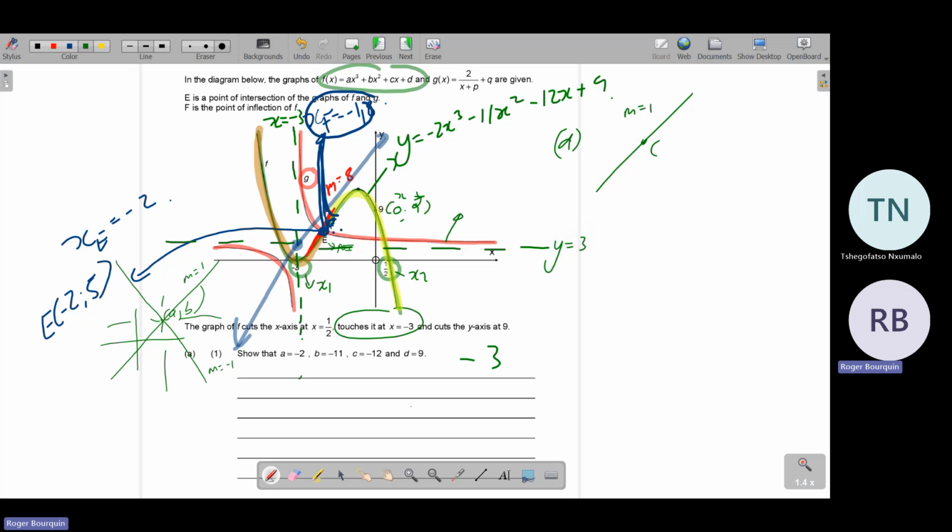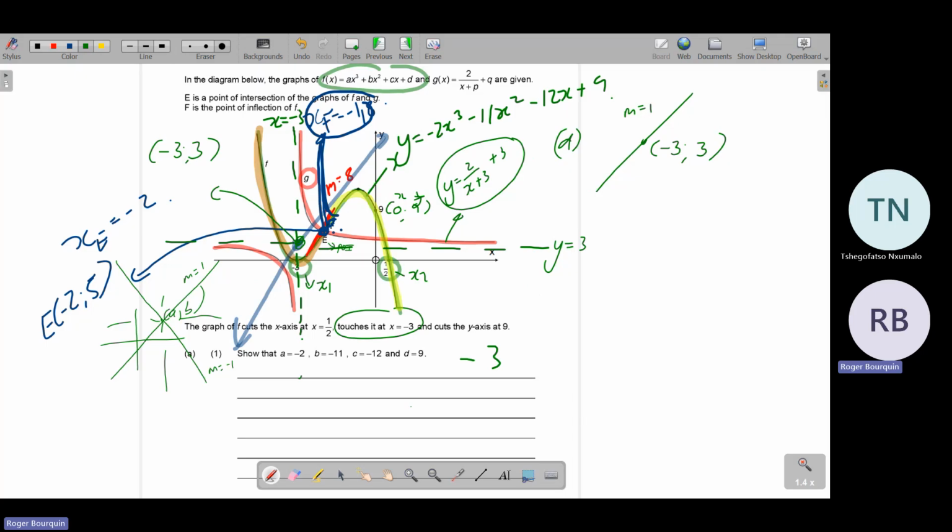What was the equation of the hyperbola? y is equal to 2 over x plus 3, plus 3. So m is equal to 1. It goes through the point negative 3, 3. That's the coordinates of this point of intersection.